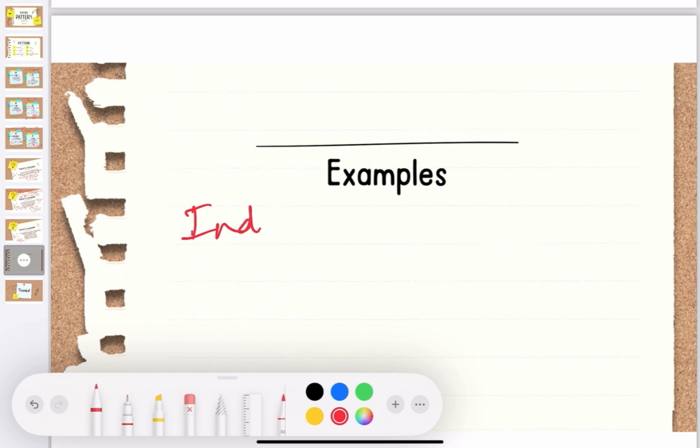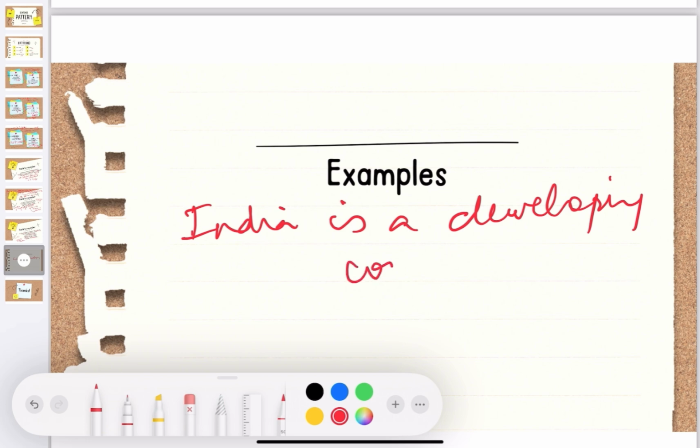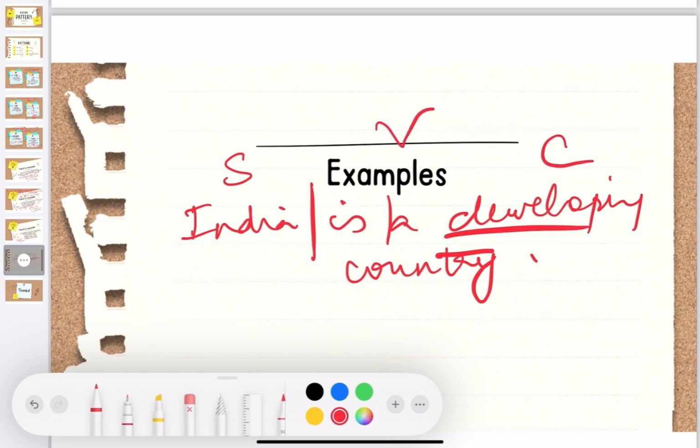India is a developing country. So India would be subject. Is is verb, a developing country will be complement. It is SVC. If you remove developing country, it doesn't make any sense.